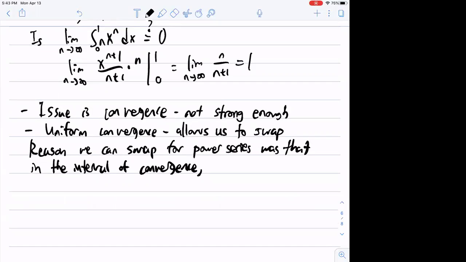So basically, I'm saying this the limit of this sequence converges uniformly. Of course, I didn't define what uniform meant. That was why we could swap integral with sum and derivative with sum. But the motivation is the convergence is not strong enough.